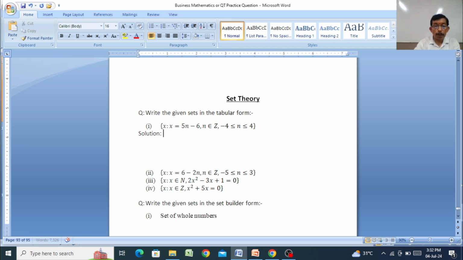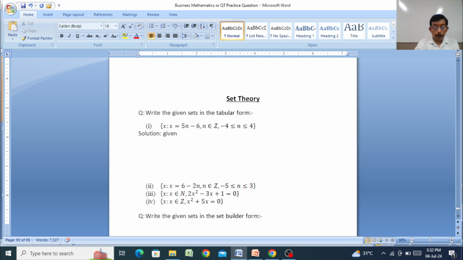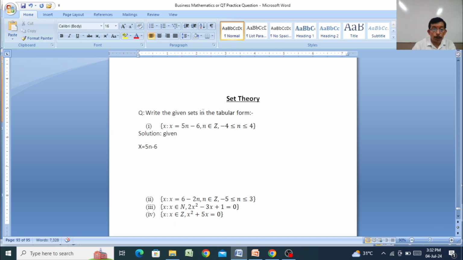So first we solve the given equation, x equals 5n minus 6, where n is an integer from minus 4 to 4.